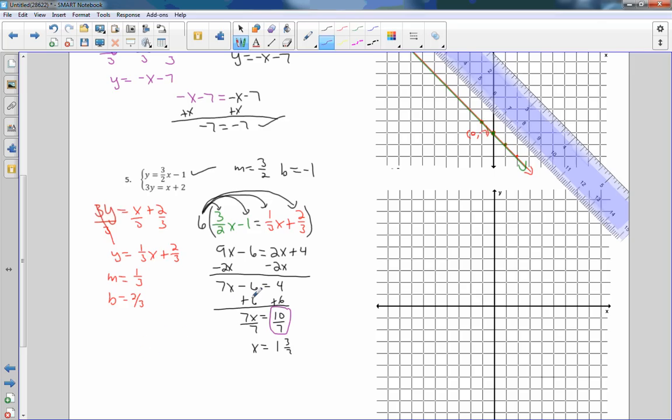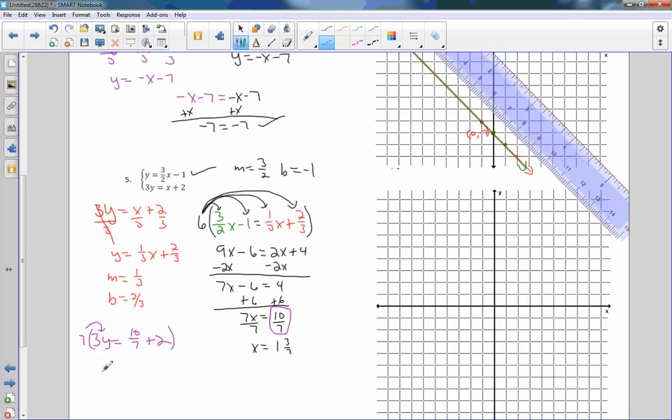You can substitute this value into either of these two equations to find your y value of the point where they cross. So if I take 3y equals x plus 2, and I don't want that 7, so I'm going to multiply everything by 7.